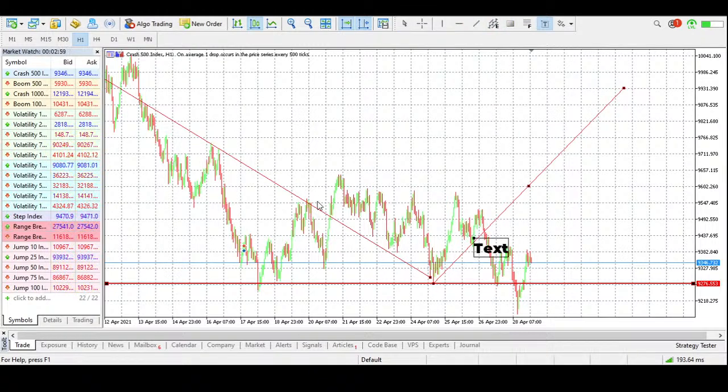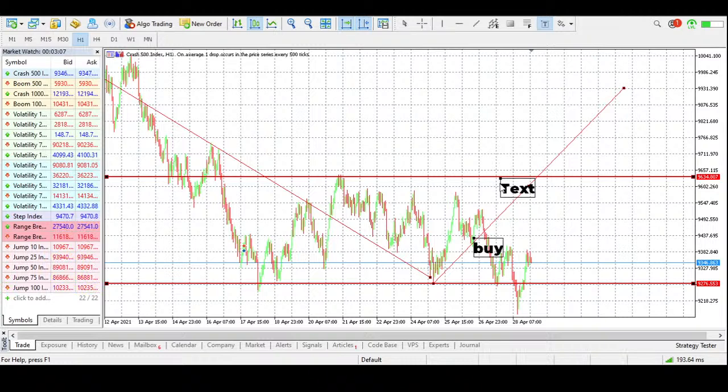So I set my TP somewhere here. This is where my TP was. But then the market got here.